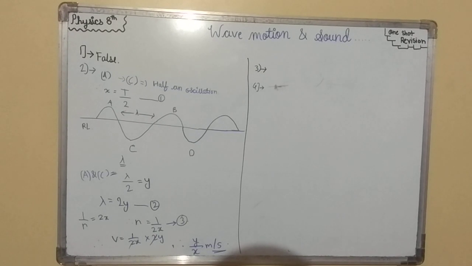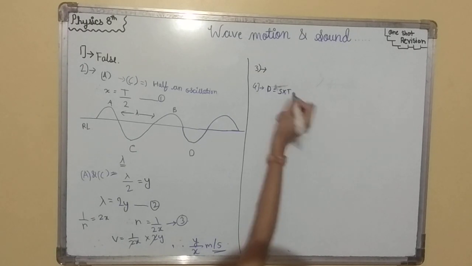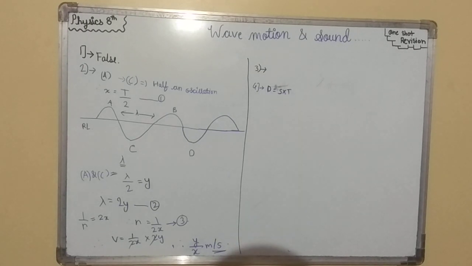Answer is, as the velocity of light is very high, the light from the explosion reaches the UFO instantly. Sound, as it moves slowly, reaches the UFO after a time interval of t seconds, which is given as 100 seconds. We know that distance is equal to speed into time. Distance travelled by sound is equal to speed of sound into time taken by sound to reach the UFO.